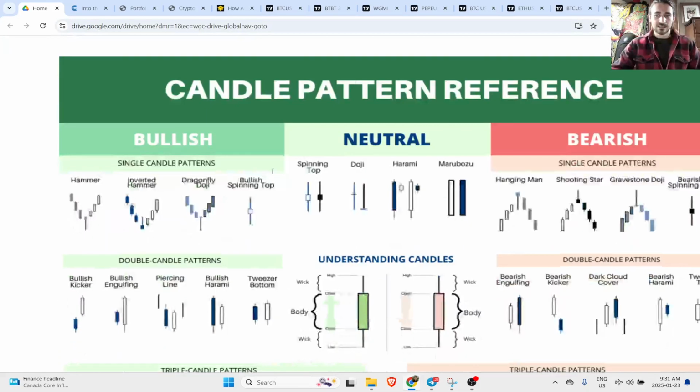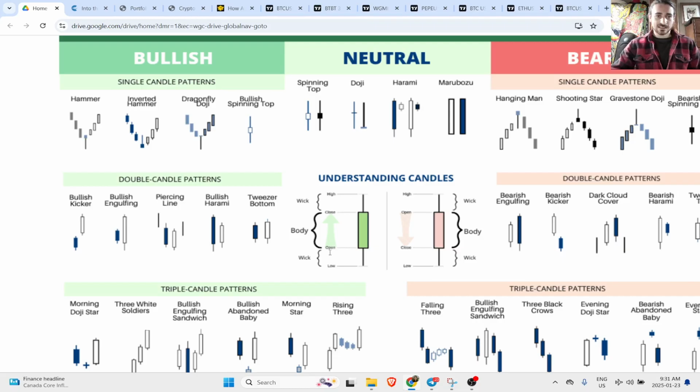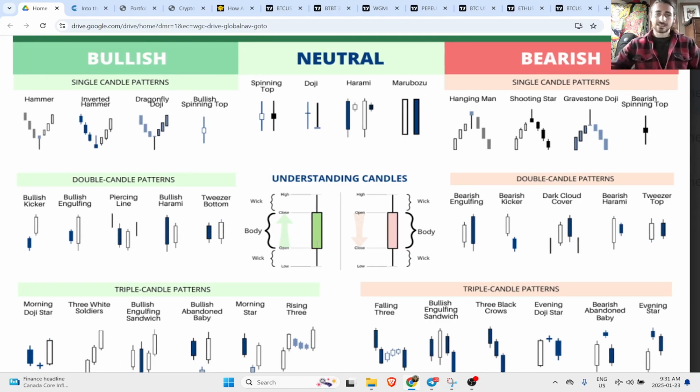We'll see here, the ones I'm going to really emphasize. Single candle patterns are going to be the most common. And then you'll also see a lot of bullish engulfing candles and bearish engulfing candles.